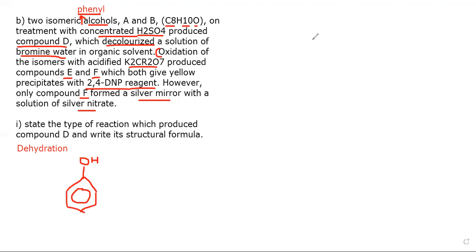But phenyl is the term used because, you know, benzene is C6H6, so it would have 6 hydrogens. Now phenyl is when one of the hydrogens has been replaced. So phenyl is C6H5. That's the phenyl group.